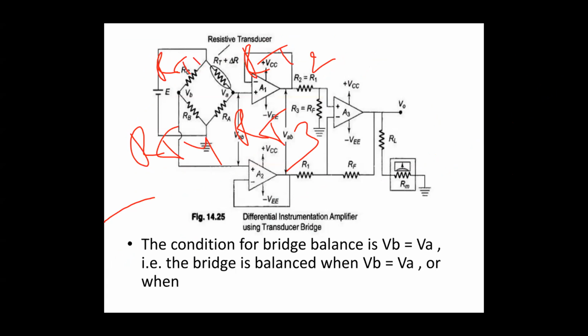The bridge is balanced means RT1 is equal to RT4, all the strain gauge resistances are equal, having the same value R. So RT1 is equal to RT2 is equal to RT3 is equal to RT4 is equal to R, and the bridge is balanced.